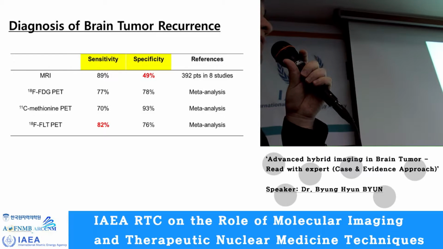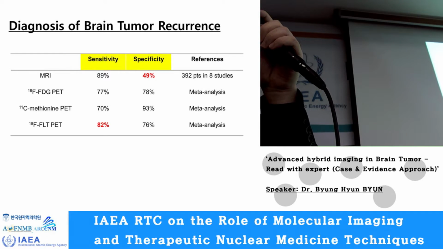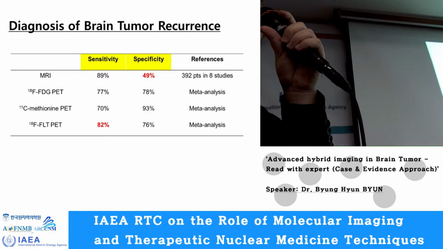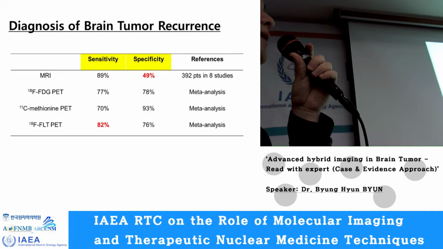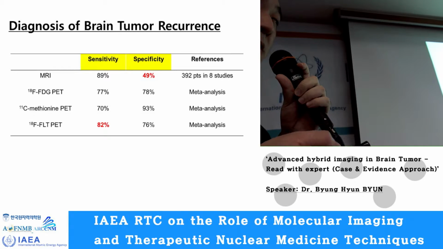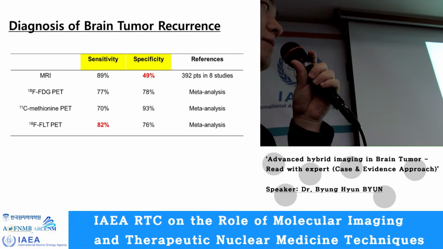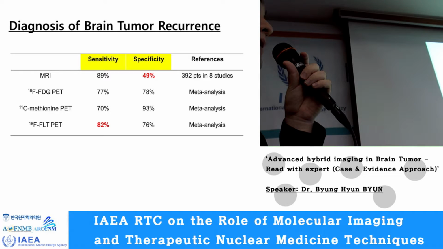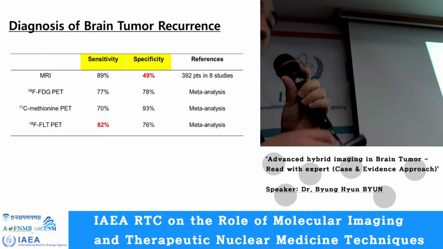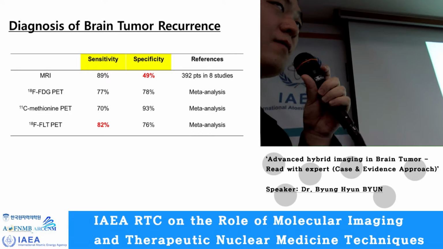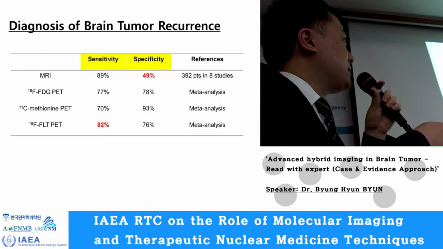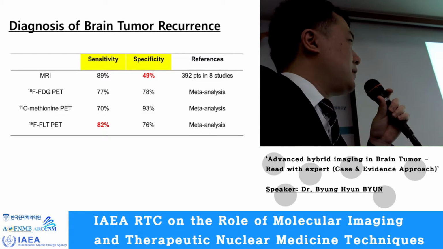I summarized the diagnostic accuracies of MRI and PET for the diagnosis of brain tumor recurrence. Actually, there are many reports about the diagnostic values of MRI or PET for diagnosis of brain tumor recurrence.